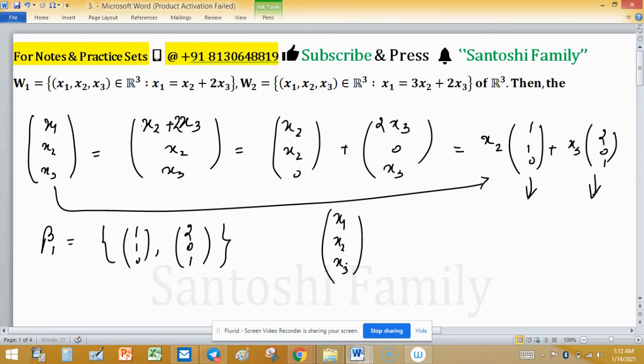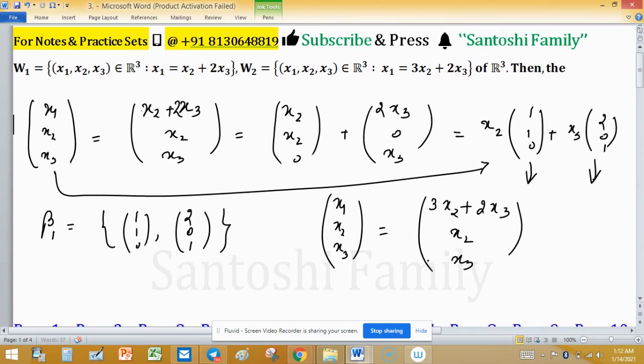And for the basis of W2, any element of W2 can be written with x1 as a linear combination of x2 and x3, like this: 3x2 plus 2x3. If you don't know how to find the basis, then you can prepare yourself by seeing the video where I show how I find a basis.